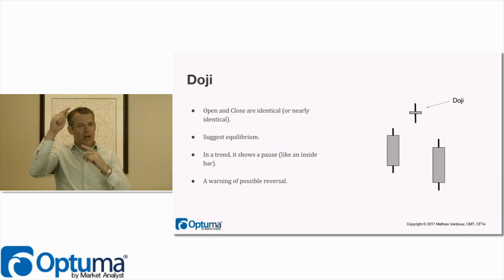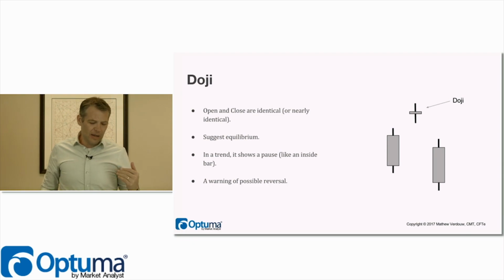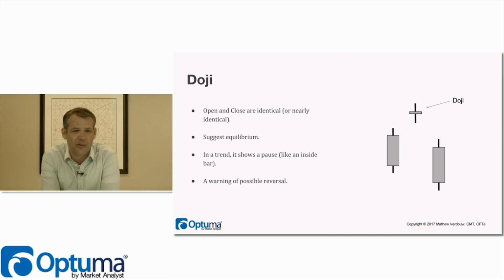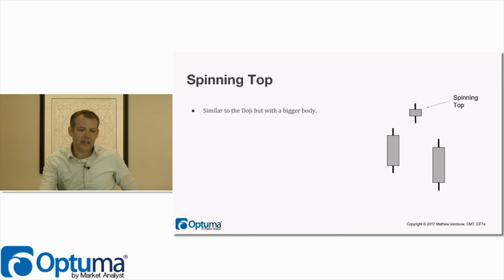The lines up above and below, beneath, are called the shadow or the whiskers. But in this case with a doji, we're looking for a fairly narrow range or a small body, and usually that body is around the middle. All right, so spinning top is the next one we've got here.